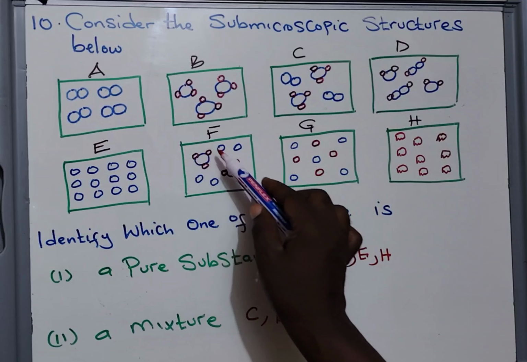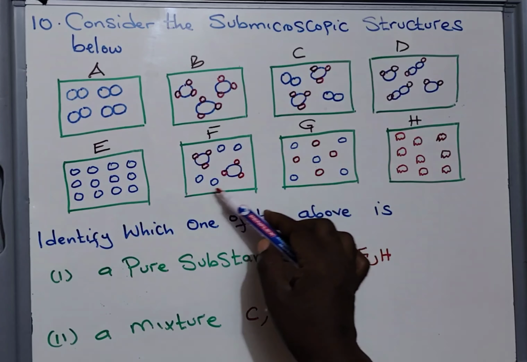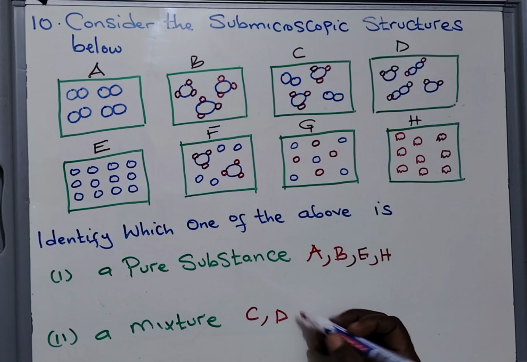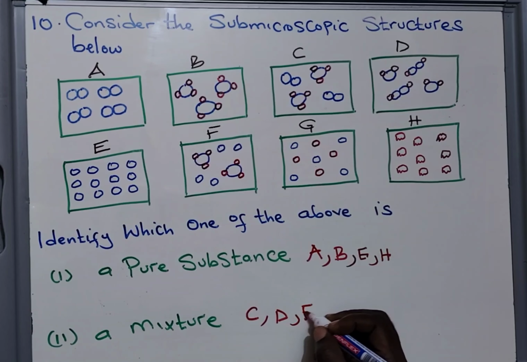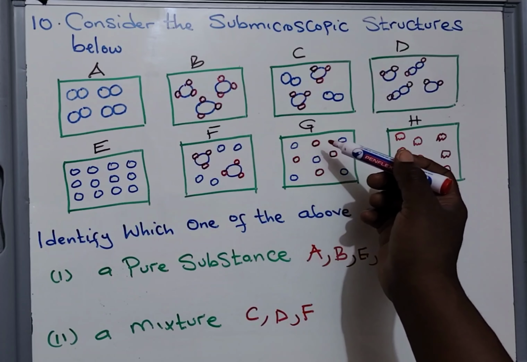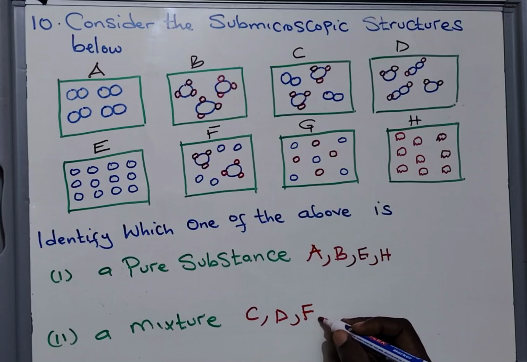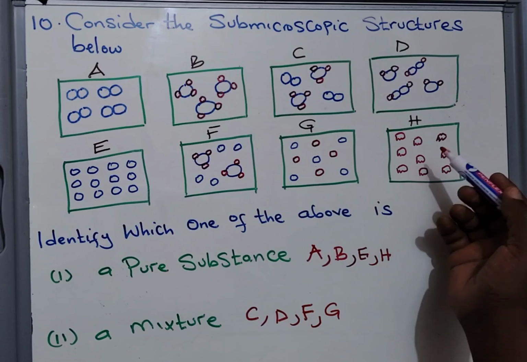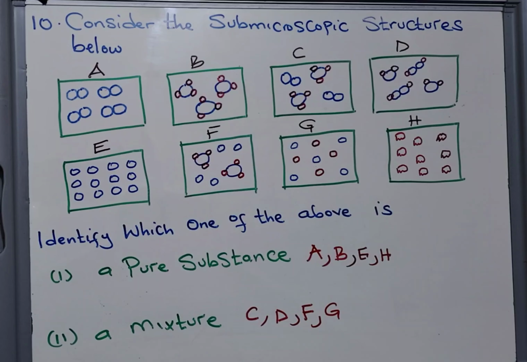There's this central atom with 3 attachments and these single atoms which are representing elements. So F is a mixture. G is a mixture. The red and blue are different elements. So let's go to H. H is pure, so it's not a mixture.